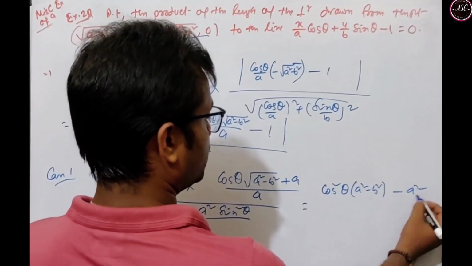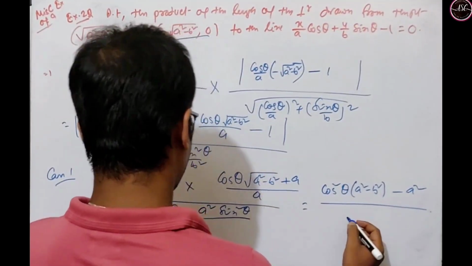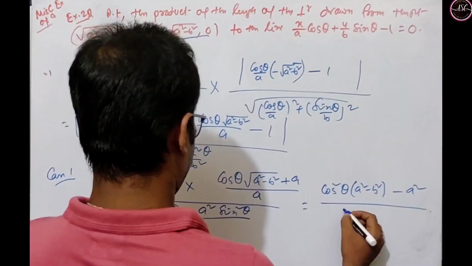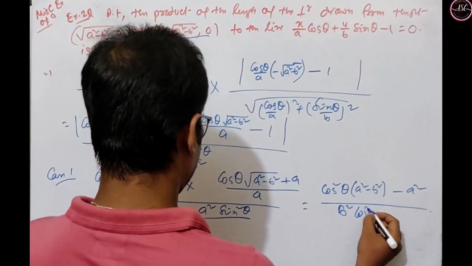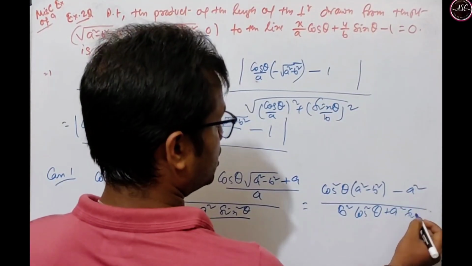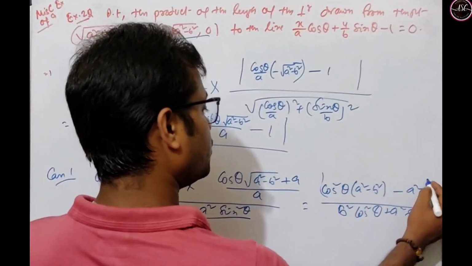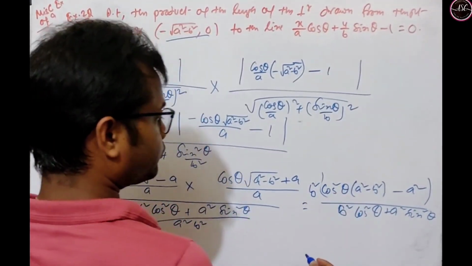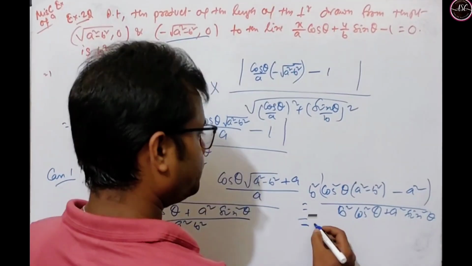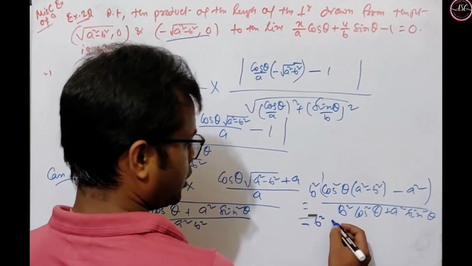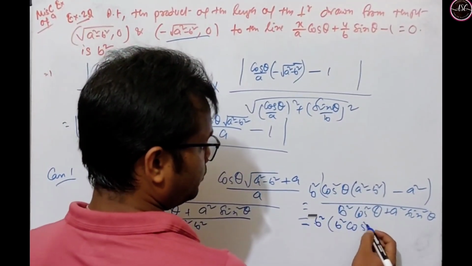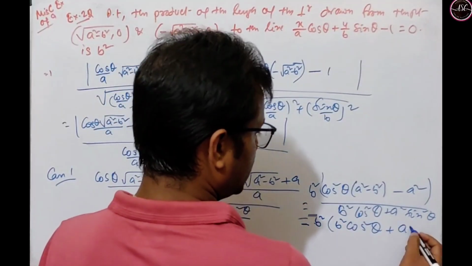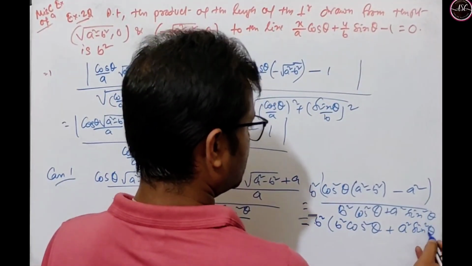minus a square divided by b square cos square theta plus a square sin square theta, and here will be b square, okay. So minus b square cos square theta plus a square sin square theta, okay.